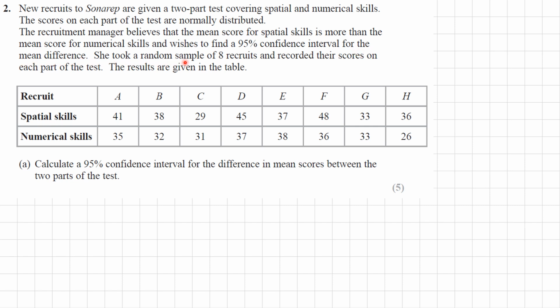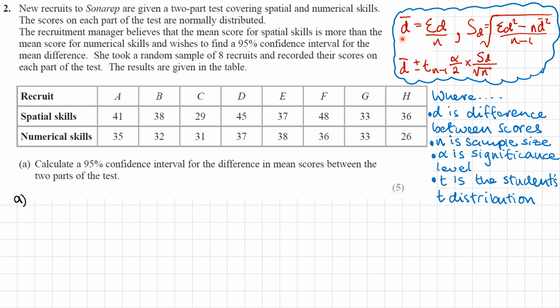She took a random sample of 8 recruits and recorded their scores on each part of the test. The results are given in the table. Part A, calculate a 95% confidence interval for the difference in mean scores between the 2 parts of the test.